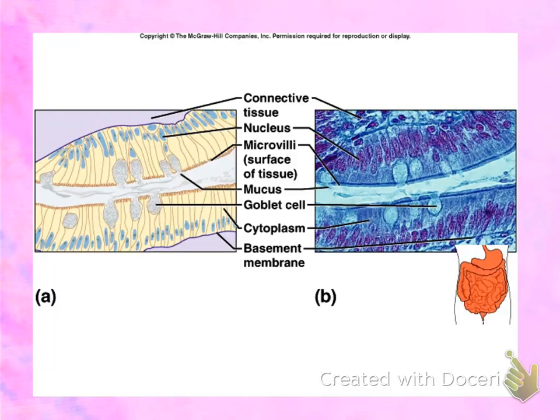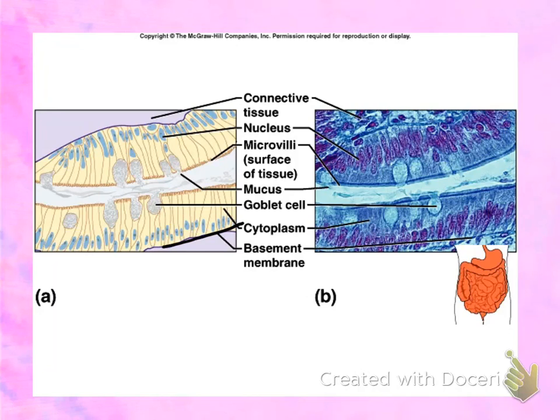Here is a diagram of the simple columnar epithelium. Notice that the cells are tall. They're lined up, standing straight. And you can see the nuclei are standing and they're oval shaped. Those are your nuclei. The basement membrane is here, because this lavender area right here is your connective tissue.